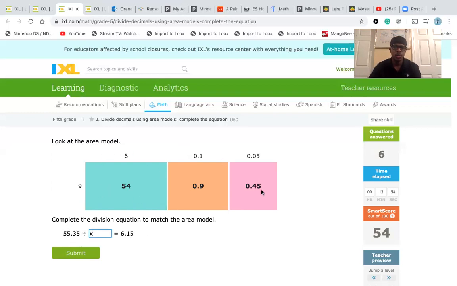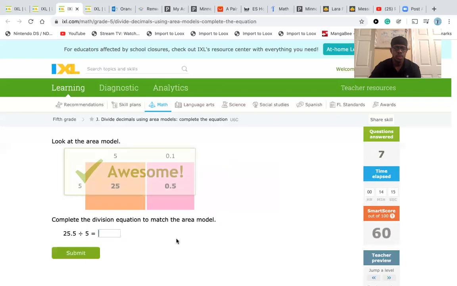Now, looking at the area model, we know that x should be 9. 9 multiplied by 6.15 is going to give us 55.35. Awesome. Okay, here we go.